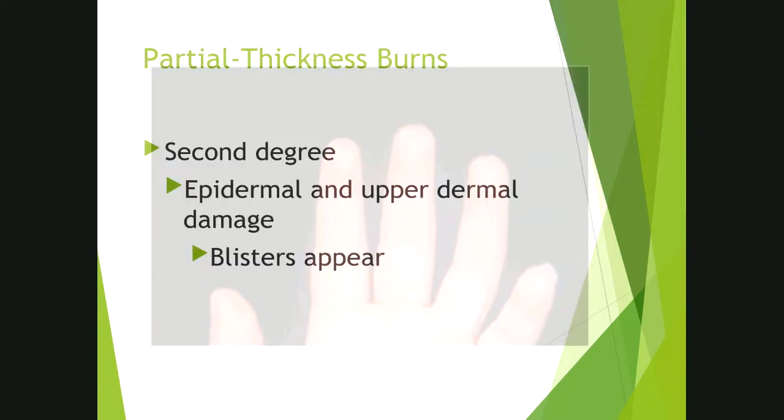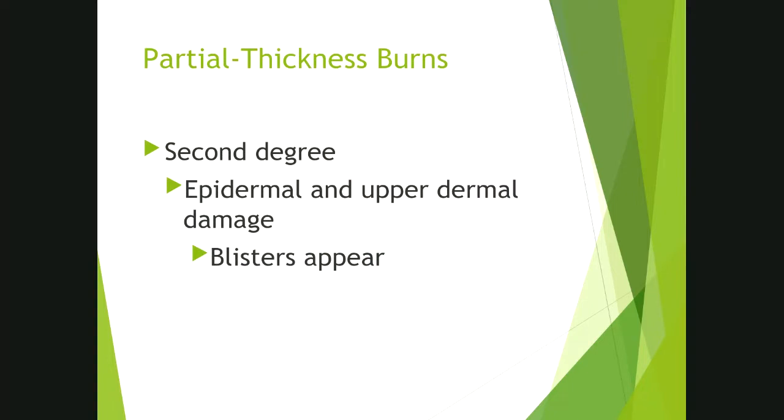Let's look at a second-degree burn. So a second-degree burn goes all the way through the epidermis down into the papillary layer of the dermis. And so this entire epidermis is going to come off, but so is this papillary layer. And what happens here is when we destroy this epidermis, remember there's a basement membrane.